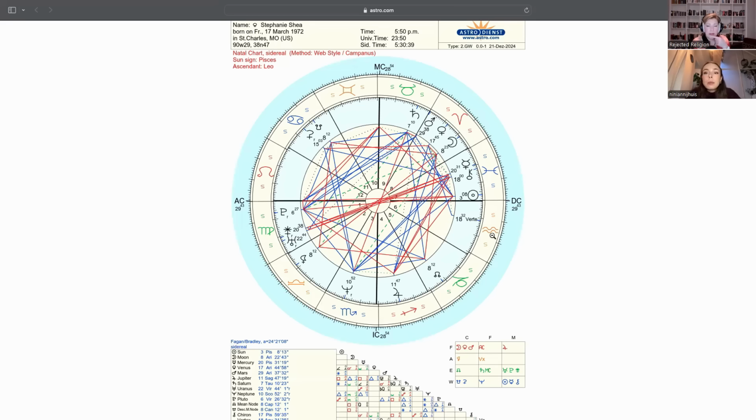Yeah, it's more like you have rulers of a chart. For instance, with you, it's Leo, so your sun is the ruler of your chart. But basically, if you want to interpret that house, you look at the sign. Okay, so it's not the ruler of the house, it's the sign of the house. Yeah, because that energy is infusing that house.